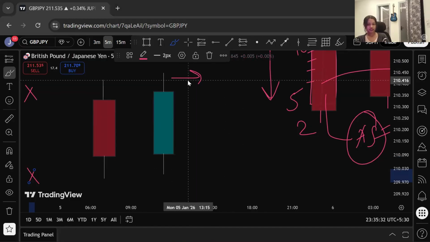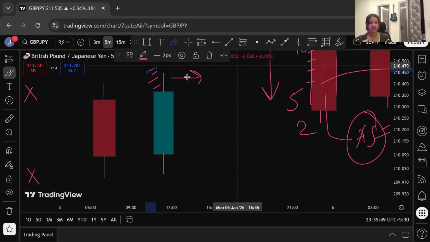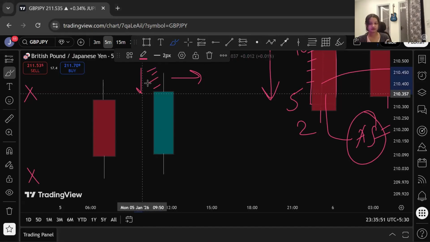An upper wick means that buyers tried to push price up. That means they paid prices like 10, 11, 12, 13. But sellers absorbed everything. That means sellers took all those trades and still pushed the price down. So, who do you think is the dominant one here?